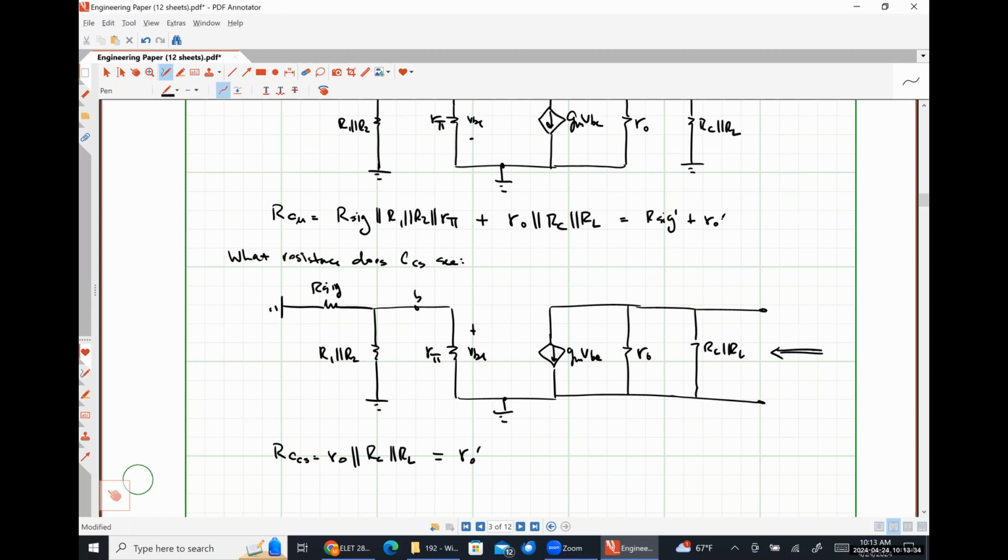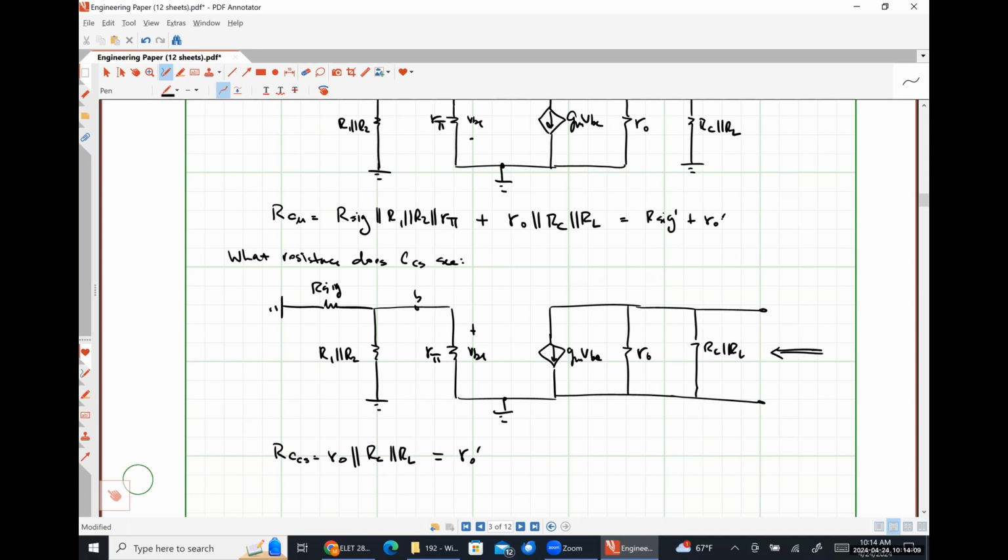If we can figure out what R sig prime is for a MOSFET-based amplifier, which will actually just be whatever that is when R pi goes to infinity, or just R sig in parallel with R1 in parallel with R2, R naught prime should be literally the exact same thing, except that we would replace RC with RD because we would have a drain resistance, not a collector resistance. Okay, so that is all of the different things that we can throw at a common emitter amplifier.